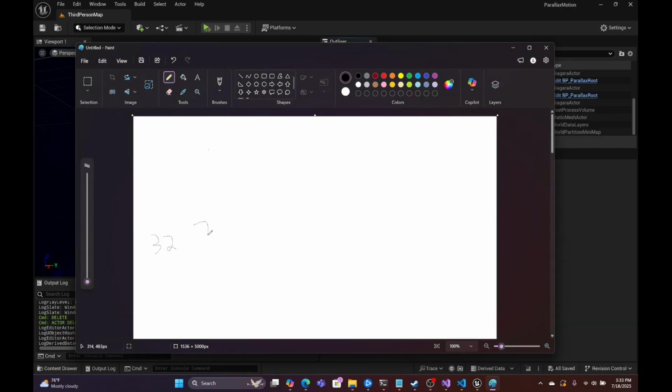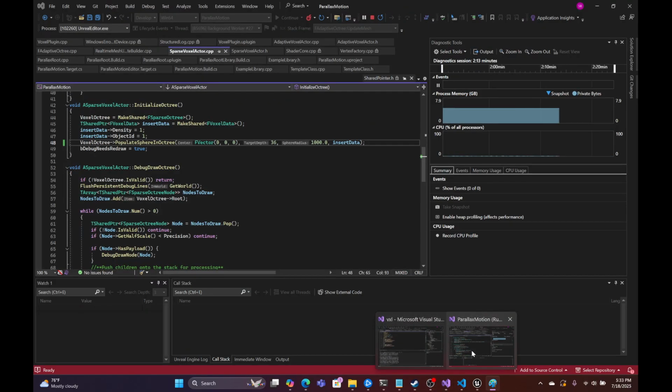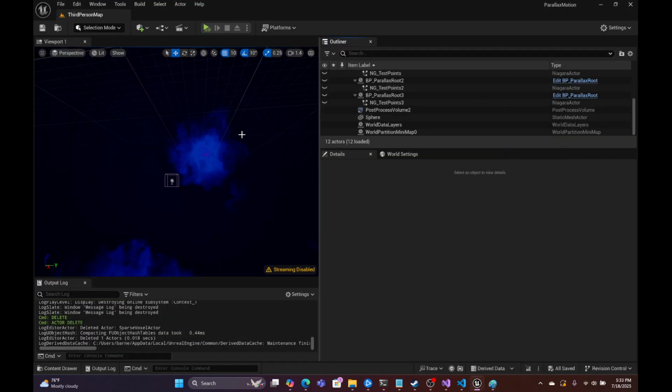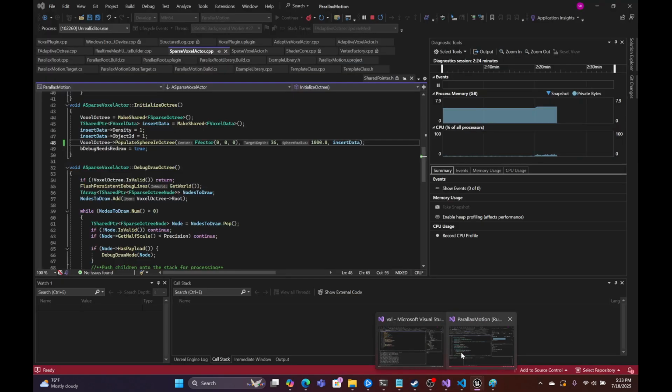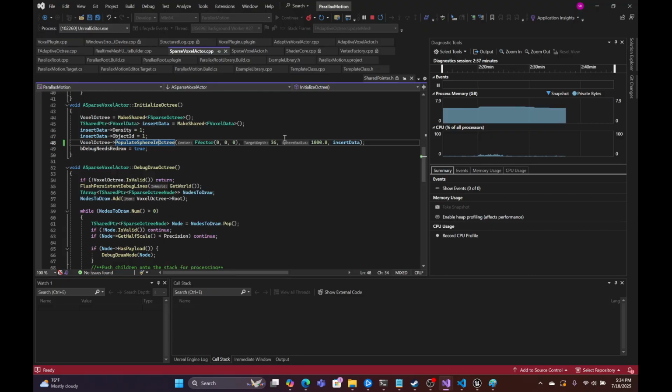We have a 2 scale at that depth. How much depth can I actually get in here?